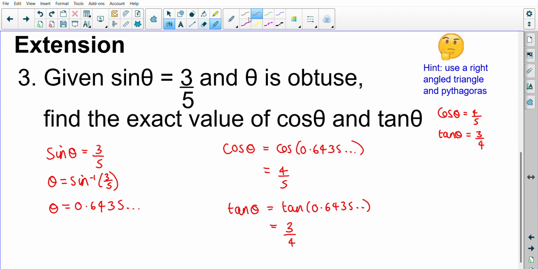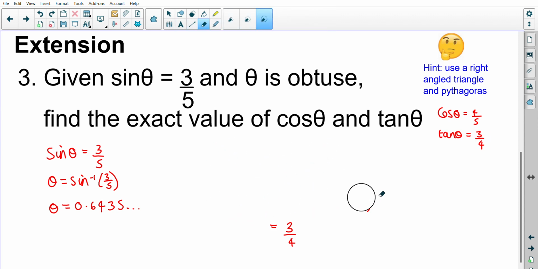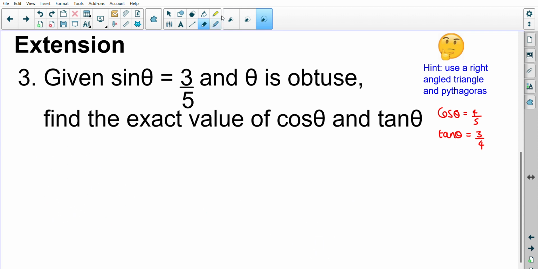And I'm going to go down the hint route. It tells me to use a right angle triangle and Pythagoras. The first thing I'm going to think about is if theta is acute. If we've got an acute angle between 0 and 90 degrees, I can draw a right angle triangle.